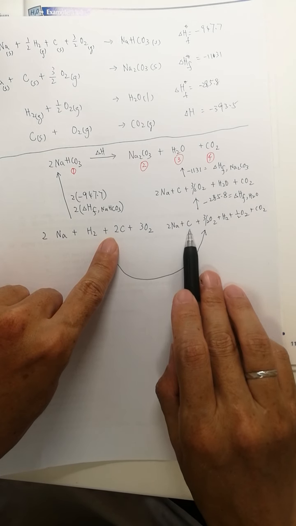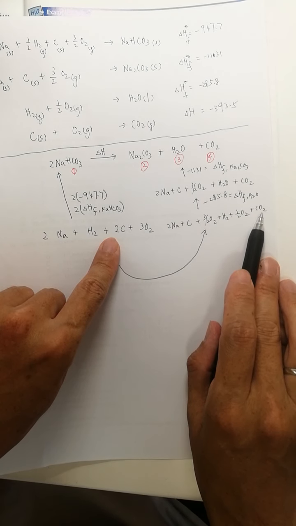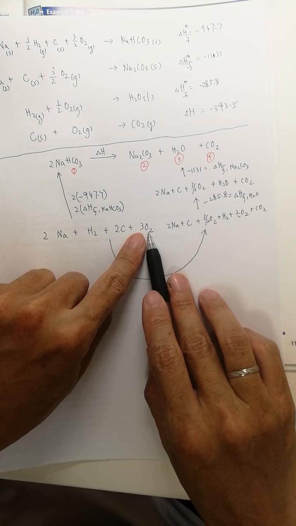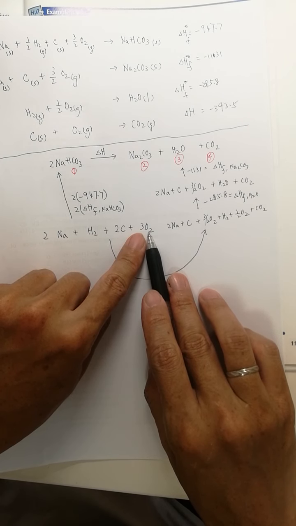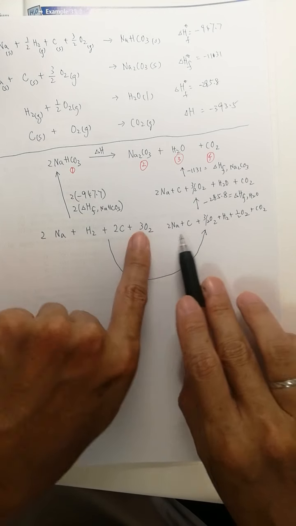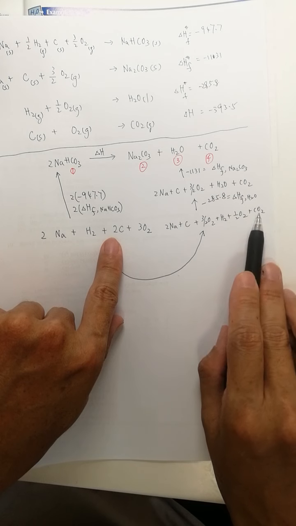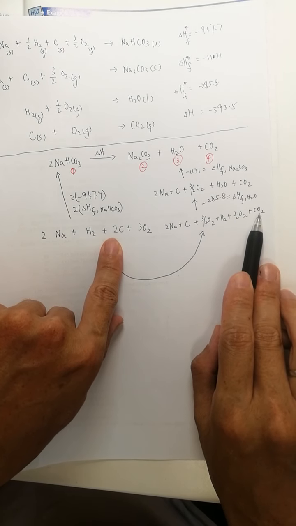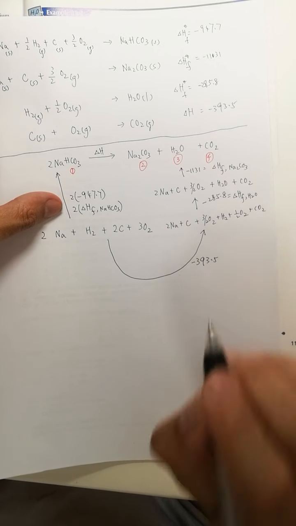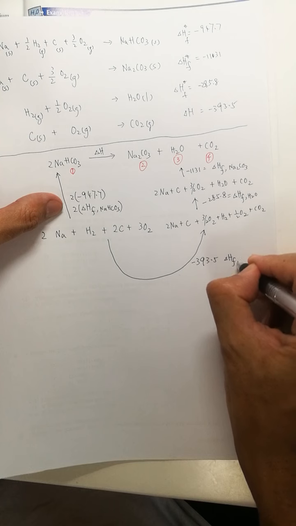Two C change to 1C means one of the C changes to CO2, and 1C requires 1 O2. 2 O2 remain unchanged, and one of the O2 goes to one of the C, forming CO2. It is the delta H formation of CO2.